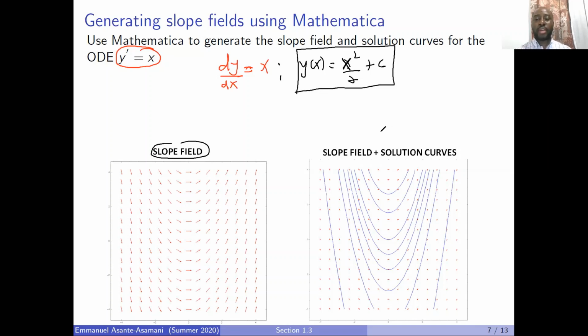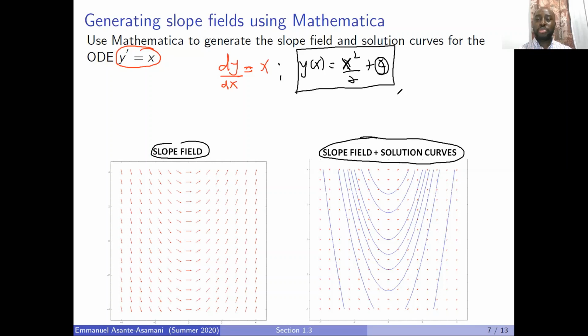And in fact, if I now generate solution curves on the slope field, you can see that I have parabolas that have been scaled, and I'm just moving them up and down the y-axis. And that's what this constant c is doing.